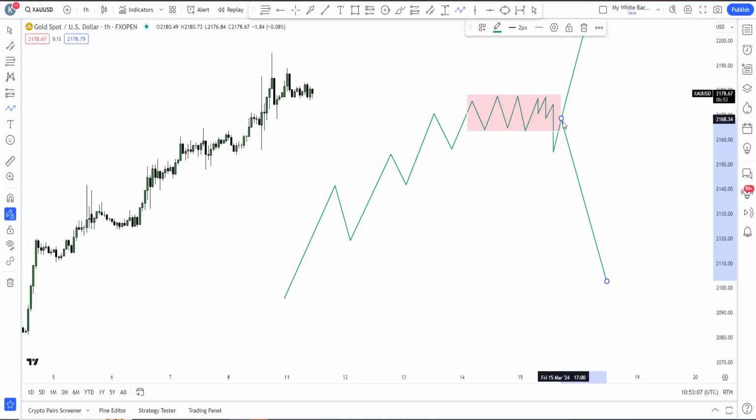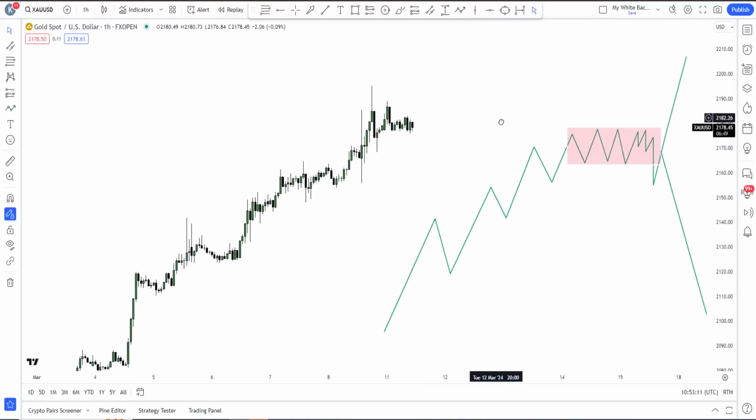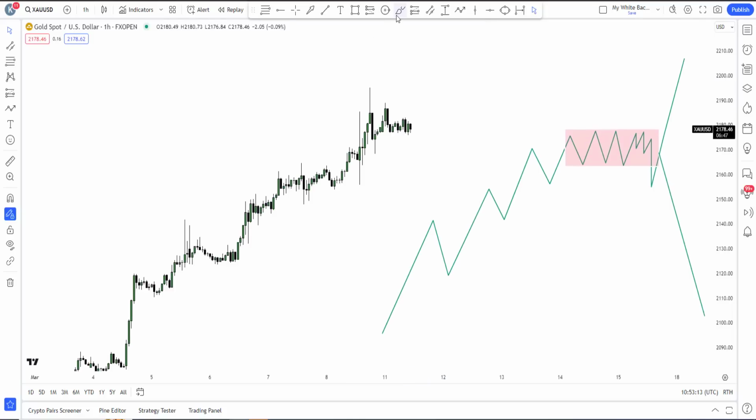But if the range decides to break upper, price is going upward. So look at this. The last price push up was here and the lowest was here. For me to say that I can start bearish, I need to see price clear out this low. And in the interim, I will see maybe a fair value gap or maybe an order block to go bearish.